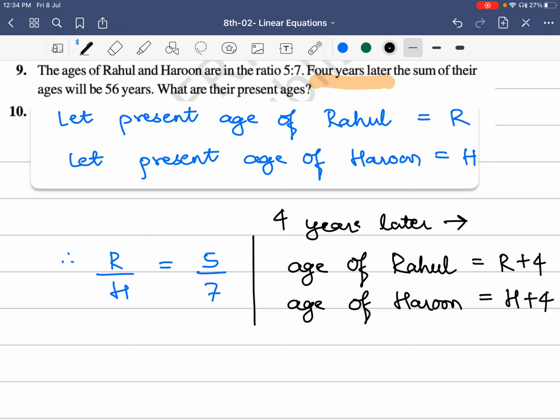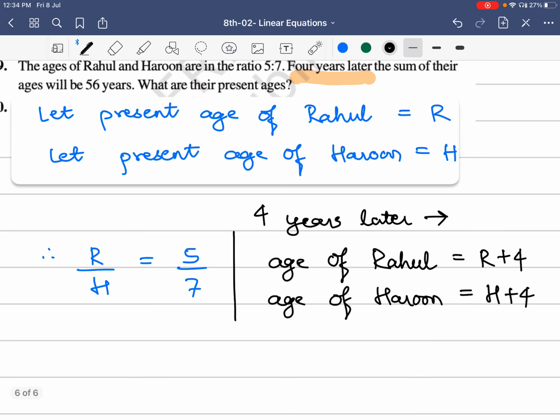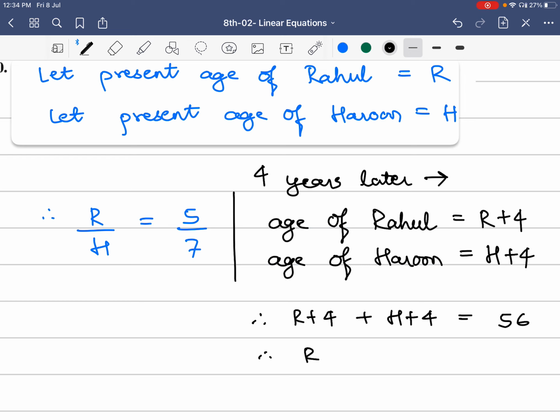Now the problem states that 4 years later, if you do the sum of their ages, that is going to be 56 years. So which means therefore R plus 4 and H plus 4, if I do a summation of their ages 4 years later, that is going to be equal to 56, and therefore I get R plus H plus 8 is equal to 56.